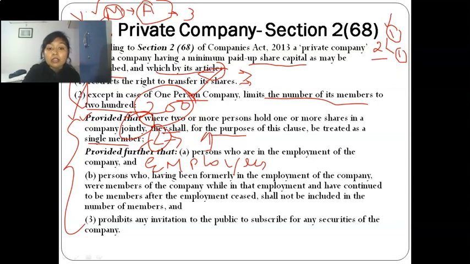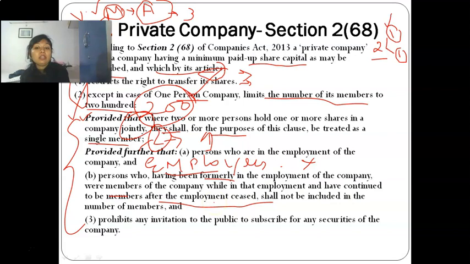And the employees who are members will not be counted, and those persons who were formerly in employment, meaning they were previously employed by the company and were members of the company while in employment, and have continued to be members even after the employment ceased, shall not be included in the member count.